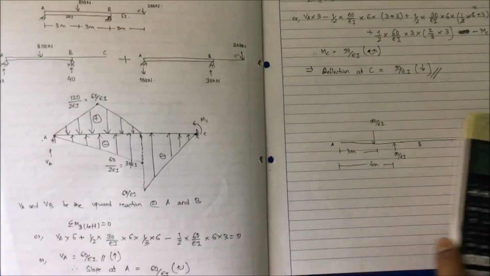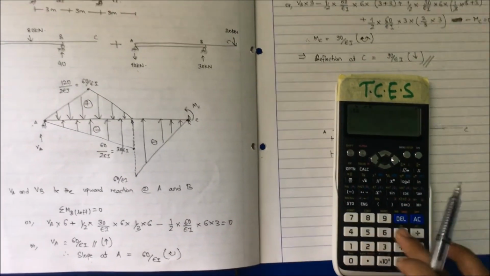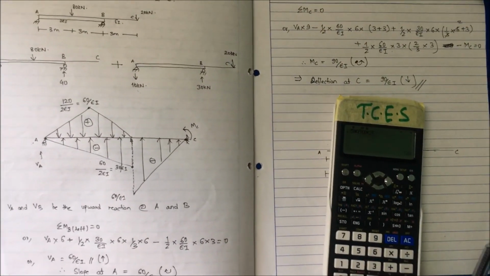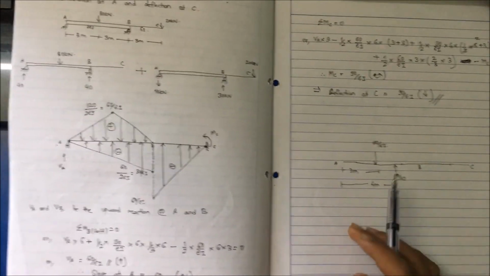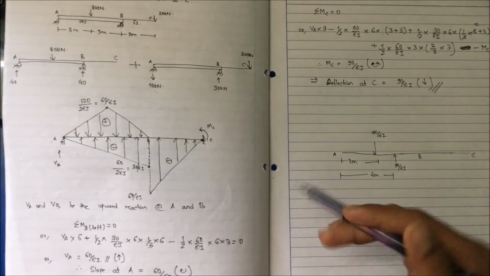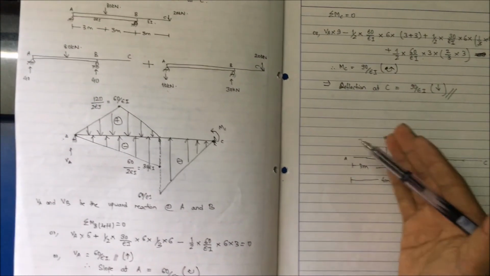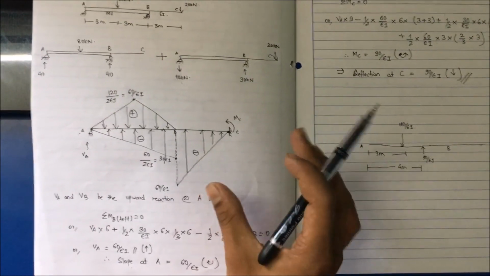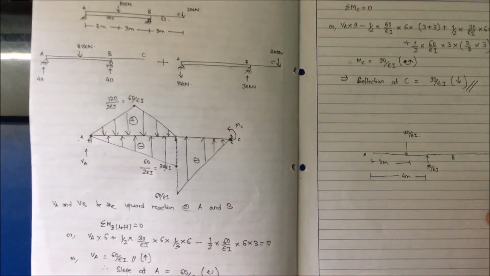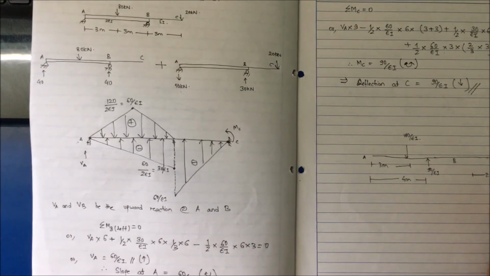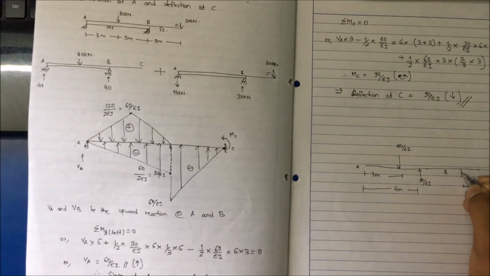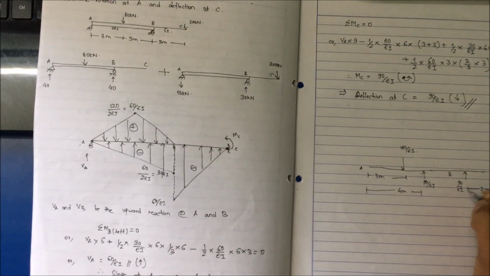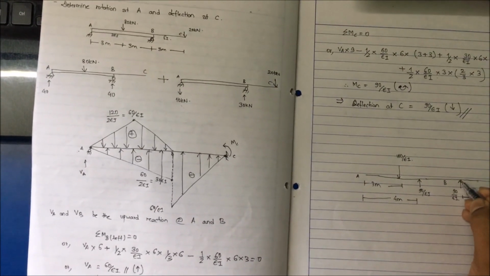The area can be calculated: 0.5 multiplied by height 60, span 3 meter, so 90 kilonewton, and the distance at which it will be acting I'm taking from C, which is the apex. So 2 by 3rd of this span, that is 2 into 3 by 3, that gives me 2 meter. So at 2 meter, a point load of 90 by EI will be acting.